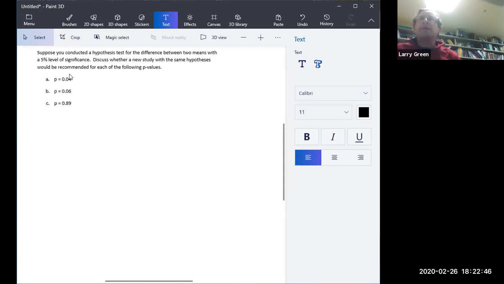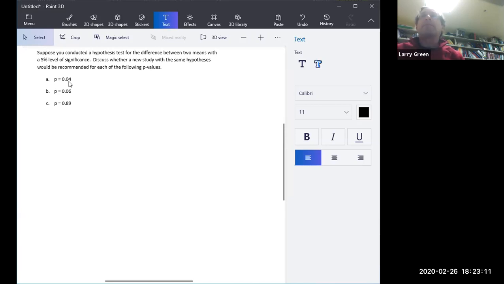That's why I brought this up, because this is a hard one for people, but it's really important. So the idea here is if the p-value is 0.04, remember your goal when you do a hypothesis test is to have information and to be able to say, yes, I can say that I have evidence to show that the alternative hypothesis is correct.